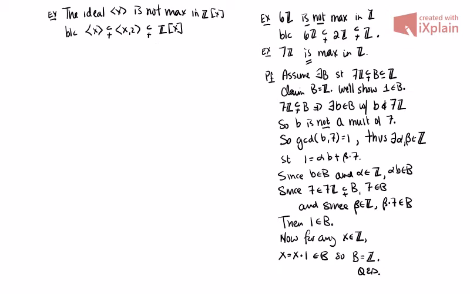So the reason is, let me just point this out, in case you've forgotten. The ideal generated by X is the set of things that are X times polynomials in Z of X. So all of the things in here have 0 constant term. In the next one, we could take linear combinations of X and 2 using polynomials as coefficients. So what we get in here, as we saw before, is things that have even constant term.